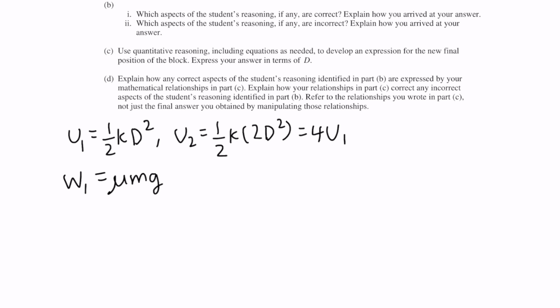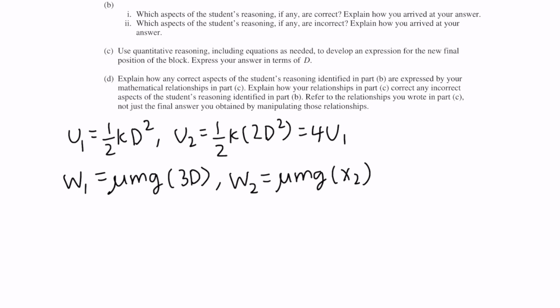And we multiply it by the distance it traveled, which is 3D. And then the work done in the second case by the force of friction is also equal to mu mg, but this time we're given a delta x2. But we don't know x2 because we're trying to find x2 in terms of D.